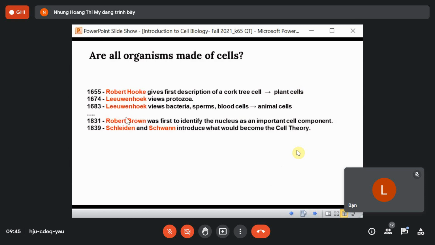For example, in 1683, Leeuwenhoek also viewed other things, similar as I said, they observed bacteria, sperm, and blood cells belonging to the animal cell and the bacteria. And in the 19th century, Robert Brown was the first to identify the nucleus as an important cell component.